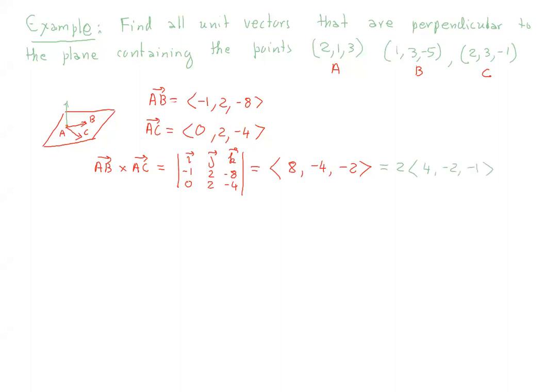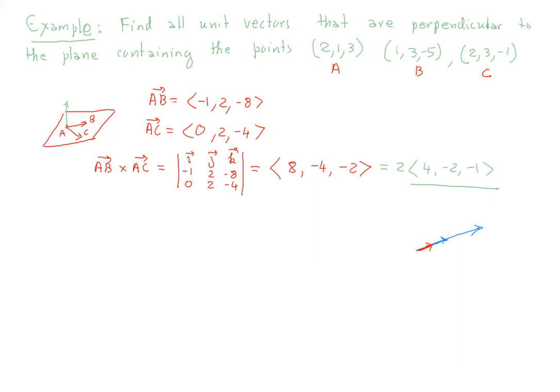So instead of normalizing 8, -4, -2, you can normalize this vector and you will find the exact same thing. It's as if you have 2 vectors that are not just parallel, but they point to the same direction, and you want to find the corresponding unit vector. It doesn't matter which one of the 2 you're going to normalize.